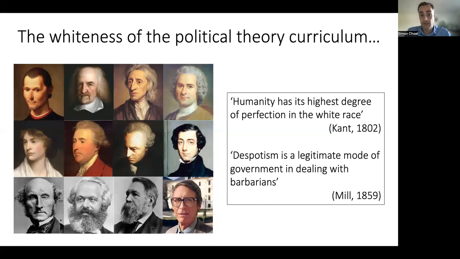So he believes there's a racial hierarchy and that white people are at the top of it. That second quotation is from Mill. I think it's from On Liberty, in which Mill defends British imperialism with a racist reference to what he calls barbarians.